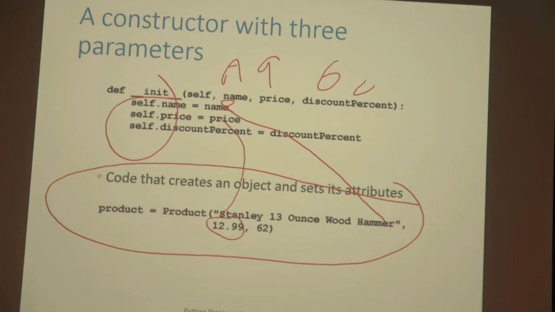And then the discount, it could be initiated also, even though you did not ask for it here. So discount_percent equals discount_percent, 62, goes to here and will be substituted there.